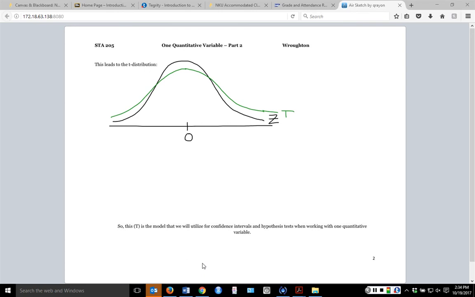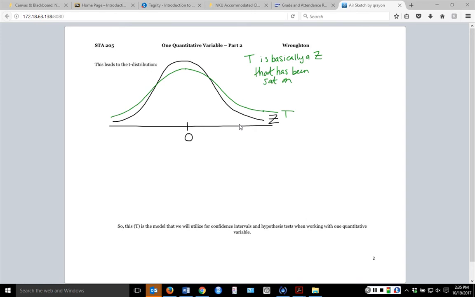So this is first my visual for you. Usually I tell students to picture their perfect Z distribution, and then imagine that someone came and sort of sat on it. So I generally describe to students that T is basically a Z that's been sat on. So that's my visual description.